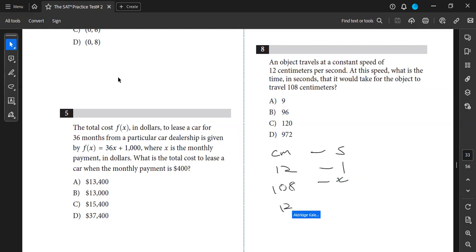So you can cross multiply if you wanted to. So 12x is equal to 108, and then you say 108 divided by 12, which is actually 9, right? So that's exactly what Chawan was saying. So if you want to think of it in proportions like that, that works as well. All right.